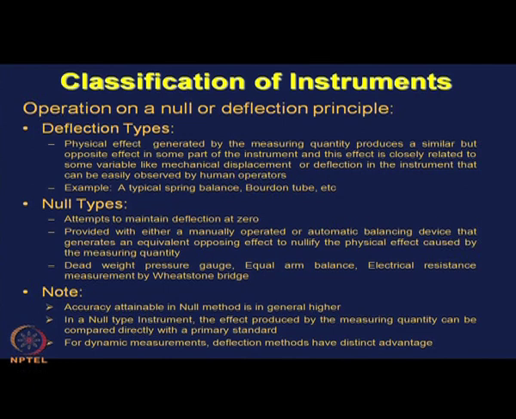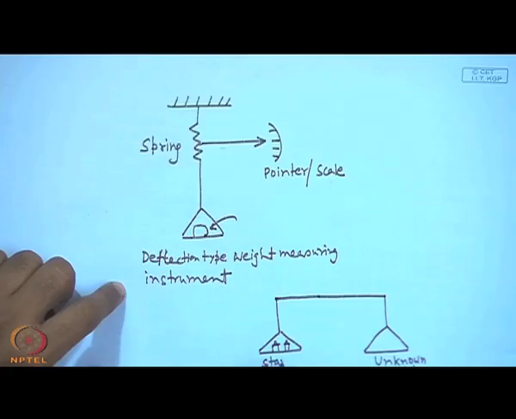So, draw the figure of an equal arm balance. You have unknown weight, you have standard weight.